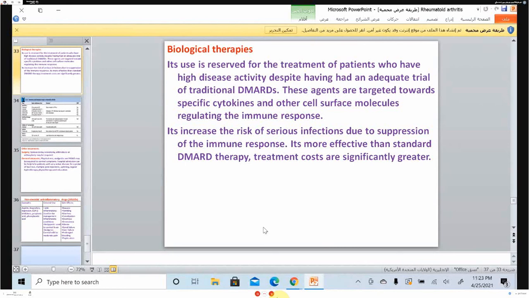These agents are targeted towards specific cytokines and other cell surface molecules regulating the immune response. This increases the risk of serious infections, meaning its side effect is due to suppression of the immune response. It is more effective than standard disease modifying drugs, but the problem is that treatment costs are significantly greater, meaning expensive.